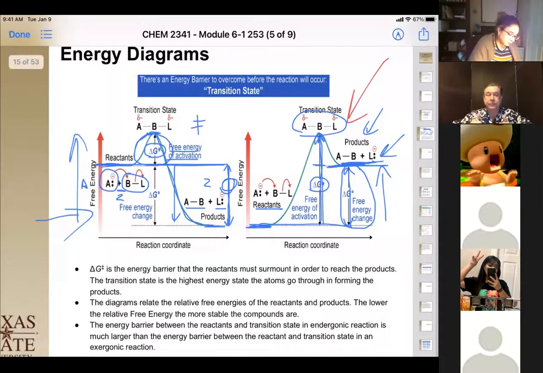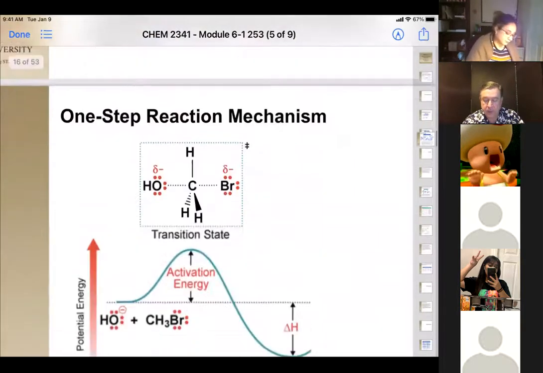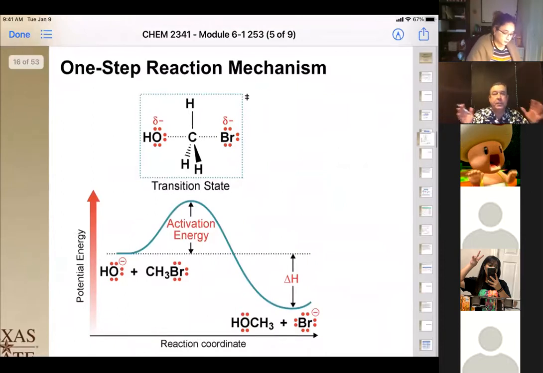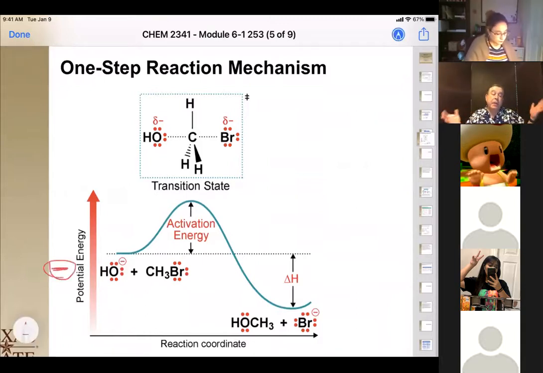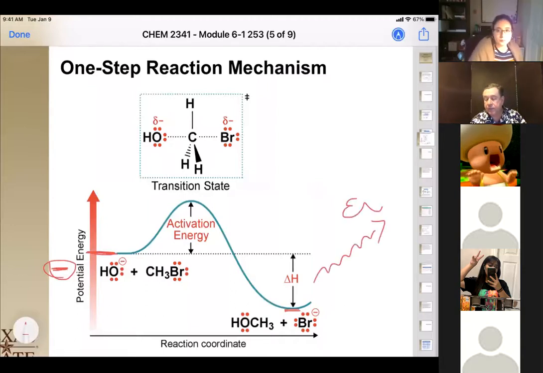Okay, questions? All right, let's move on to what an actual reaction would look like in this energy diagram. In this case, we're going to use potential energy. When we're talking about potential energy instead of free energy, we typically look at delta H, or change in enthalpy, but it's the same thing. If the starting material is higher in energy than the products, you are going to give off heat and have an exothermic reaction.